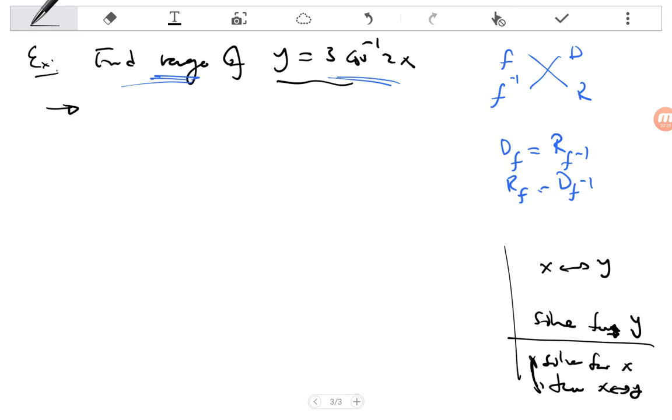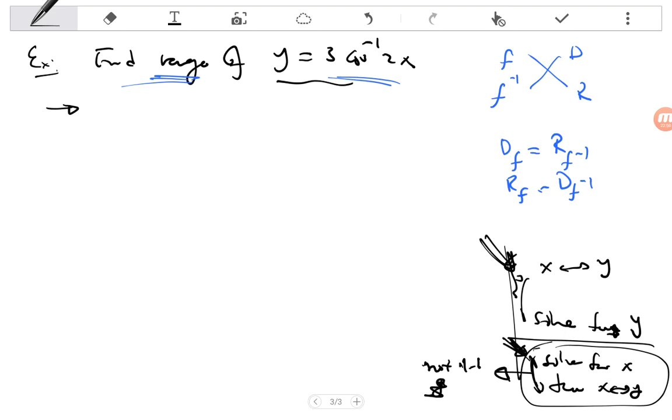This one is more suitable if the given function is not 1-to-1, because in this case the restricted domain will be more obvious by these steps. Okay?